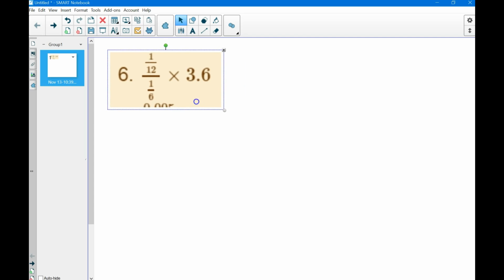First of all, this one doesn't have a mixed number like number 8 does, but it does have a complex fraction and a decimal.